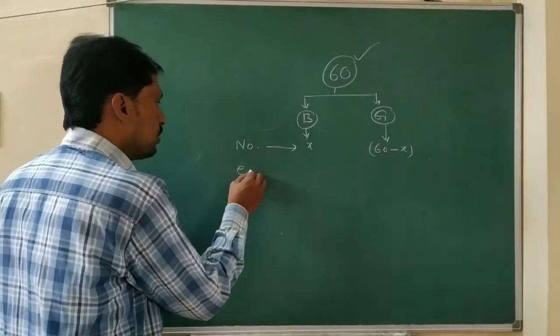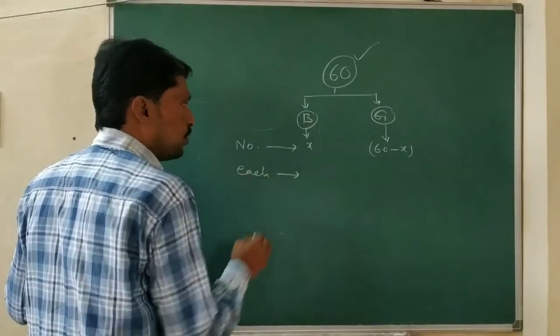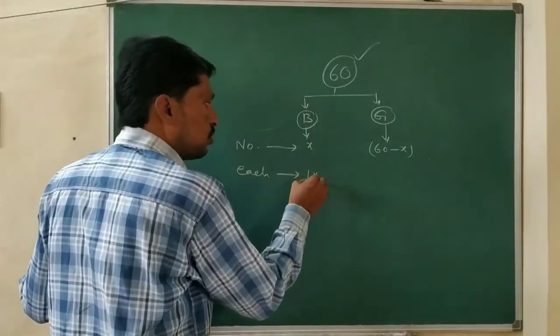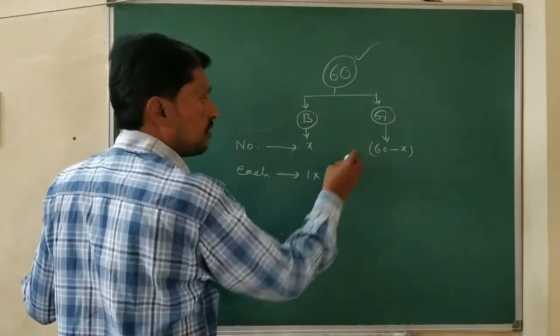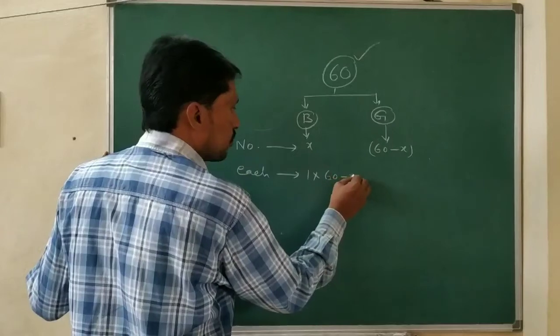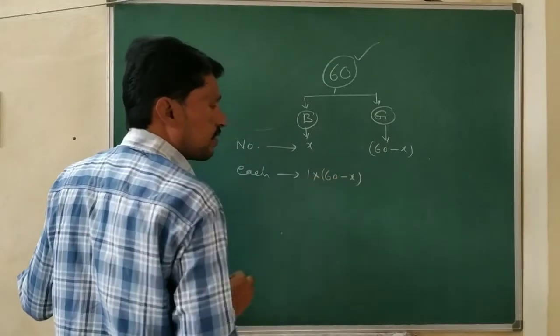Each boy contributes the amount equal to the number of girls, that is 60 minus x.